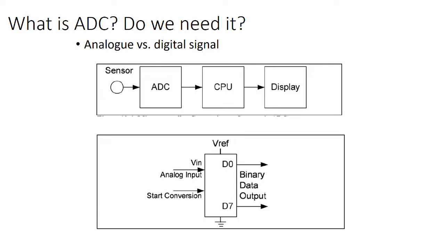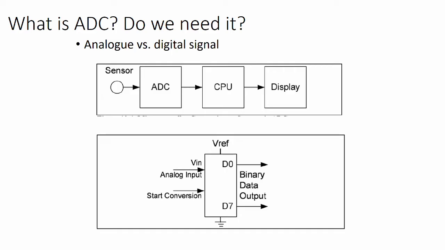Analog to digital converter will give the digital output, which in turn will be given as input to the CPU, that is nothing but a microcontroller or microprocessor, and then it will be displayed on LED or LCD display. This is the purpose of analog to digital converter and the requirement of A to D converter.